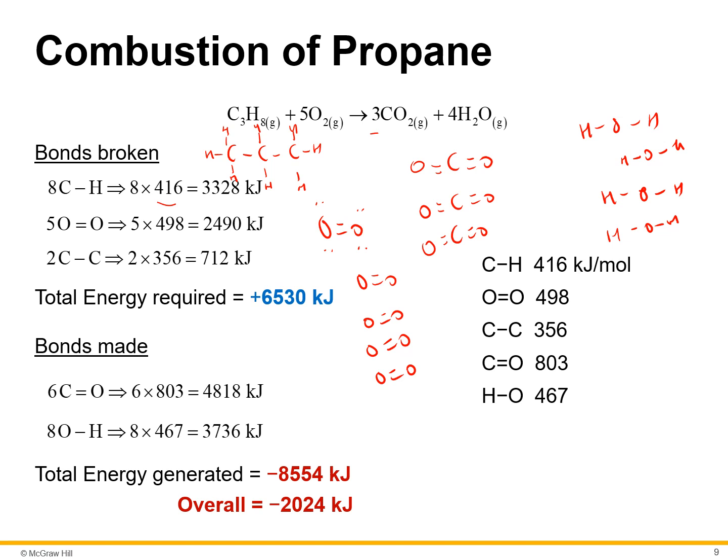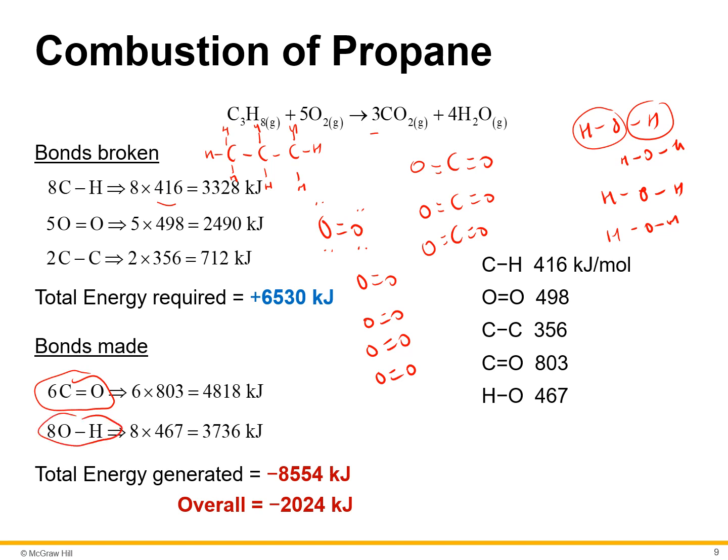So for breaking of bonds, in the reactants, we have to break the O2 bond, 5 of them, and we form these 6 CO bonds for CO2. We form these 6 CO bonds, and that is 4,818. We also form 8 OH bonds, hence the 8 OH here.